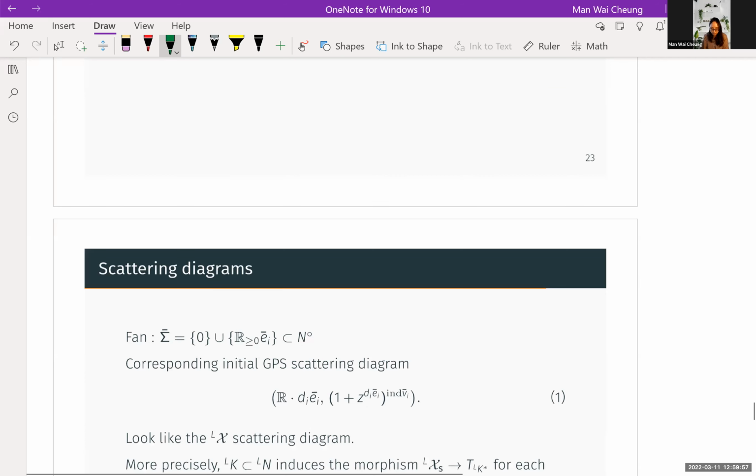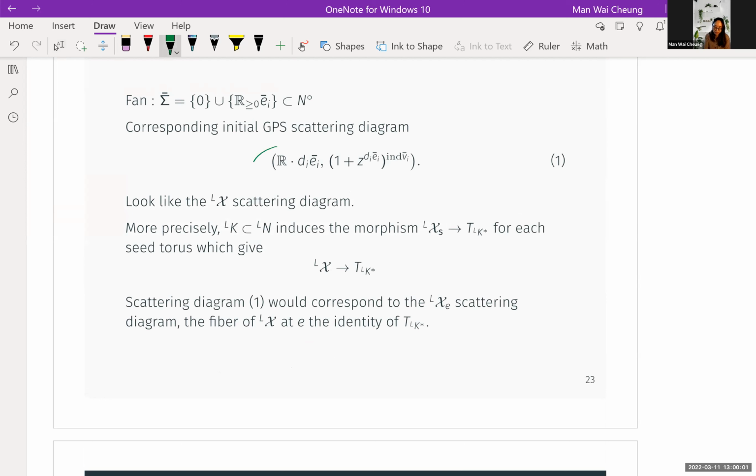So this is what we have at the end: this scattering diagram corresponds, in terms of algebra, to the identity.